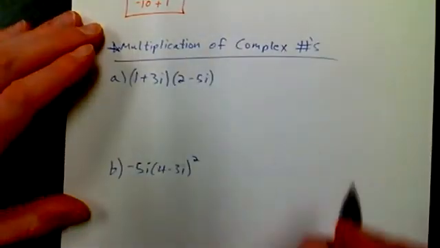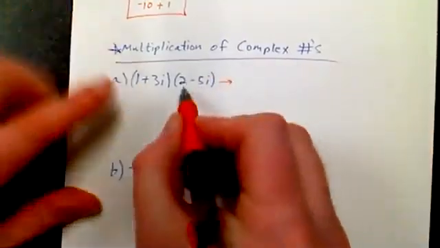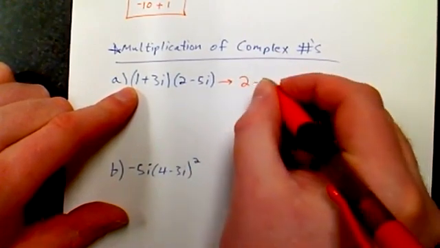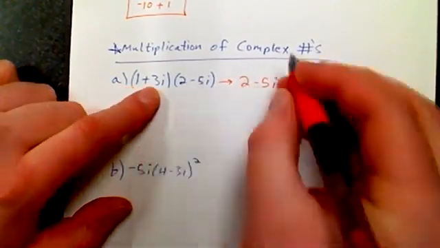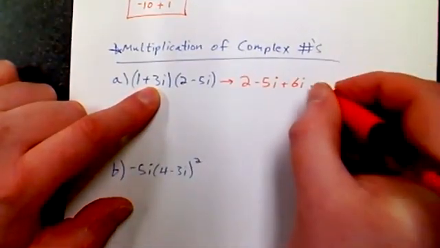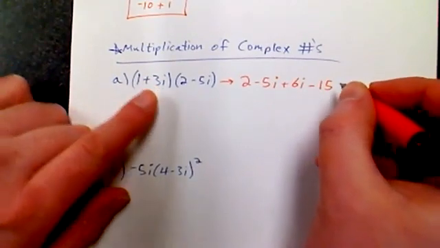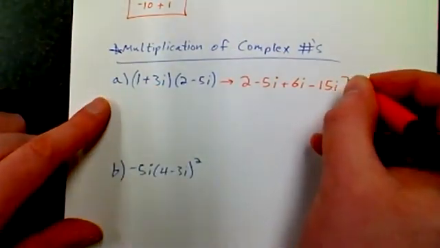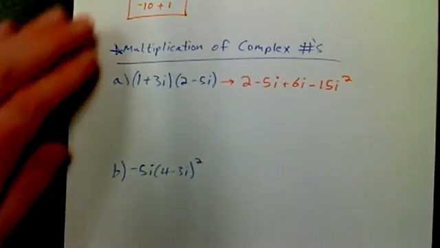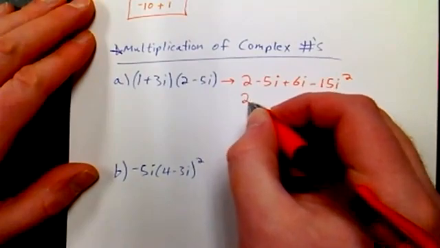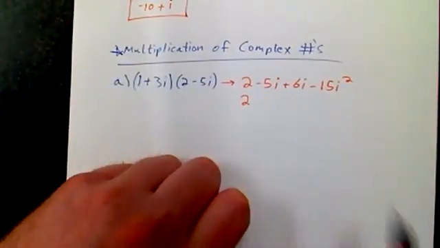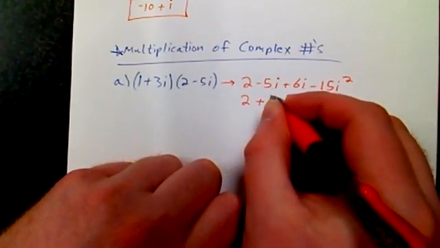So I'm looking at this, and I see my first, 1 times 2 is 2. My outer is negative 5i. My inner is 6i. And my last is negative 15. Now be careful here. An i and an i is an i squared. Okay, where am I going from here? Well, I got 2. Now I can combine these because these are like terms, right? Negative 5i and 6i. So that's plus a single i.